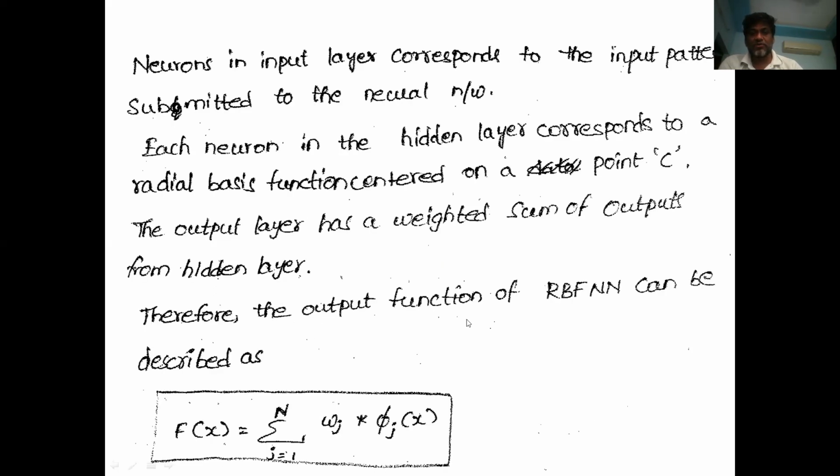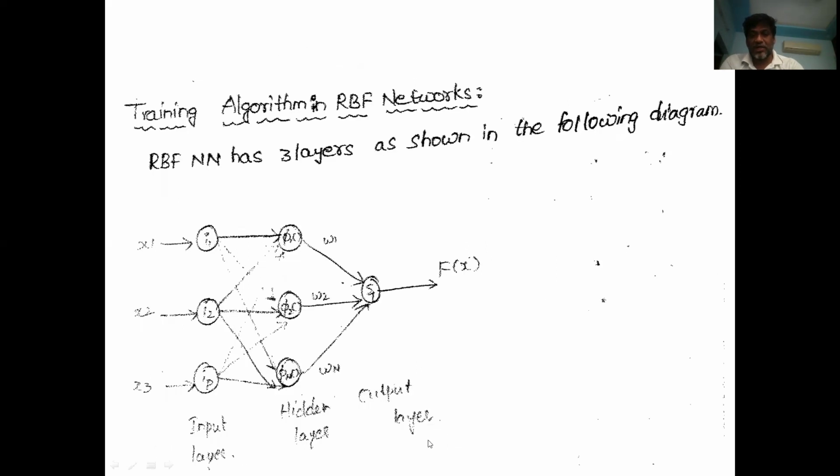The output function of the RBF neural network can be described as f of x equals summation of j equals 1 to n, where n is the number of hidden neurons, wj into phi j of x. That's what I explained.